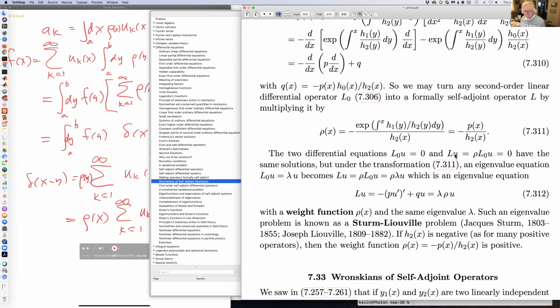But if you are instead dealing with the eigenvalue problem, L0 u equals lambda u, you then get L u is rho L0 u equals rho lambda u. So what does this mean? This means that instead of the simpler equation, you have a Sturm-Liouville equation in which on the right-hand side is lambda rho u, but the eigenvalue is the same.